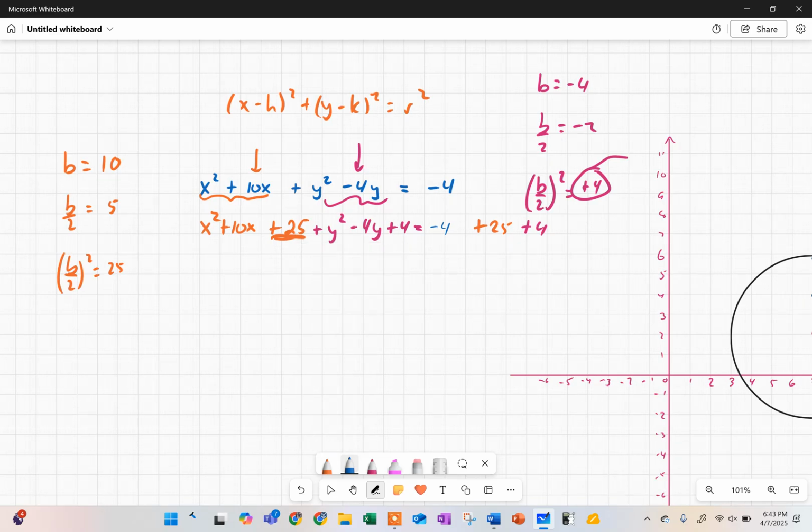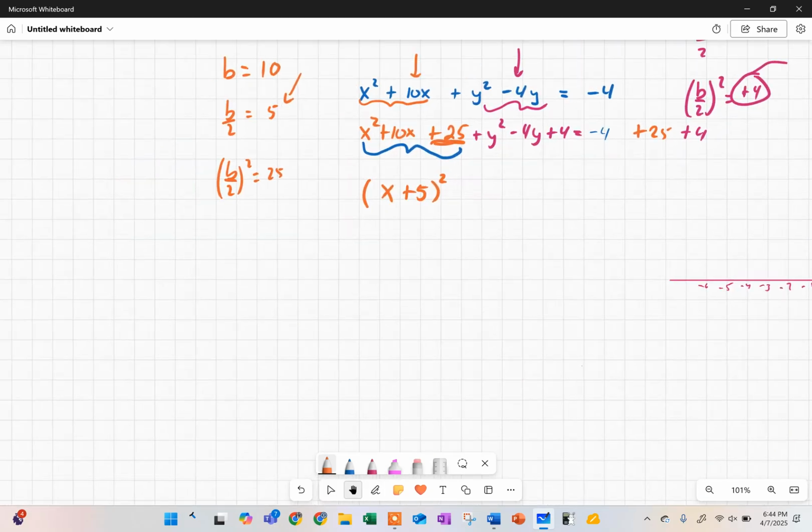The story is, when I do this, I can now rewrite that x² + 10x + 25 as a binomial, and it's going to become (x + 5)². And take a look, that's where that 5 comes from.